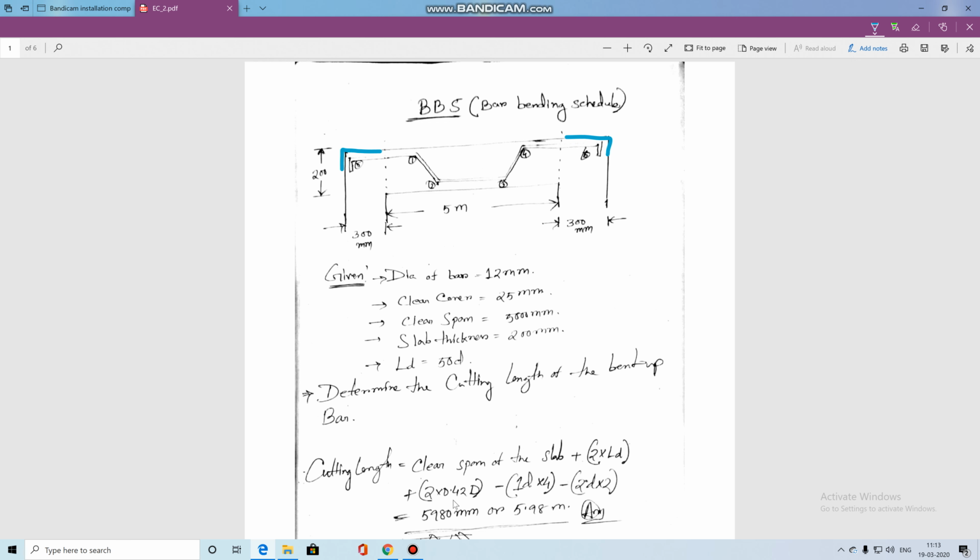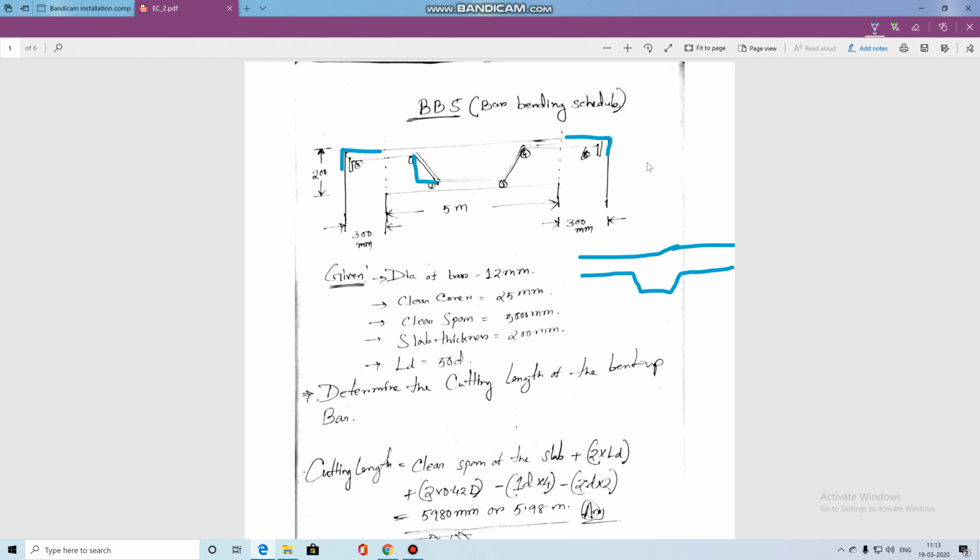What is 0.42d? It is the extra length required for making this crank. Suppose this is a straight beam. Now if I make some deflection over here, the length will change and some extra portion is required.